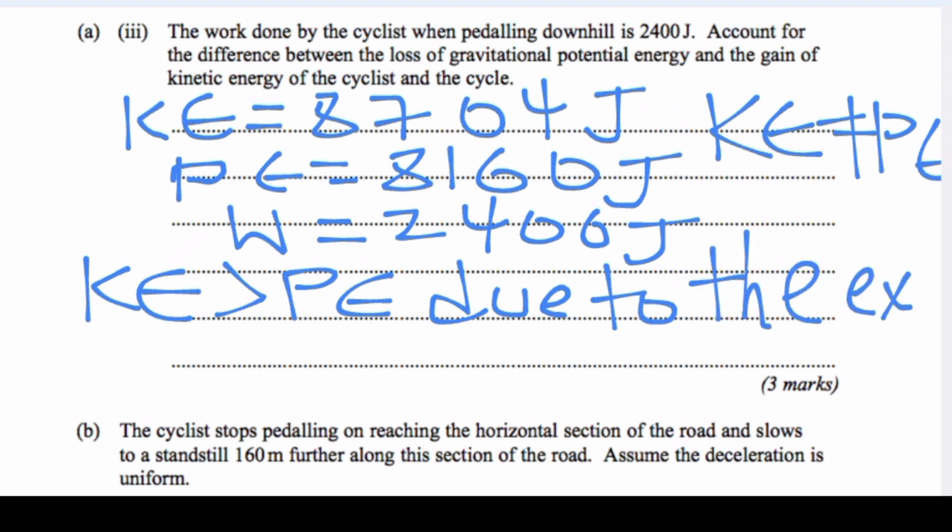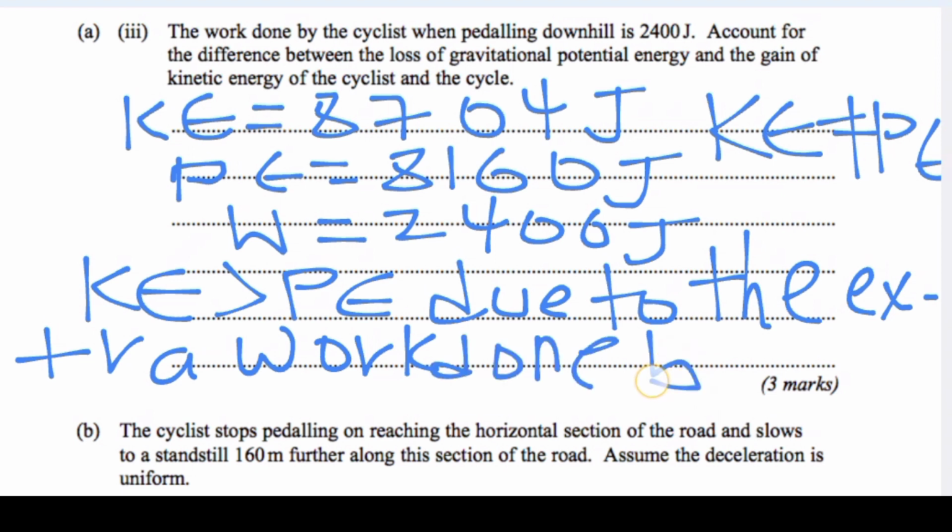Alright, so the cyclist is doing some work, and there is also gravitational potential energy, right? So if there was only gravitational potential energy, if the cyclist is not pedaling, if he's just letting the cycle go down with him, it will not be this number, right?